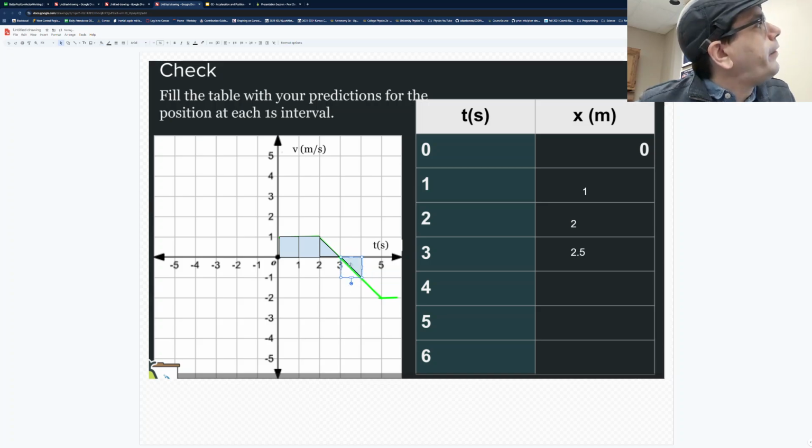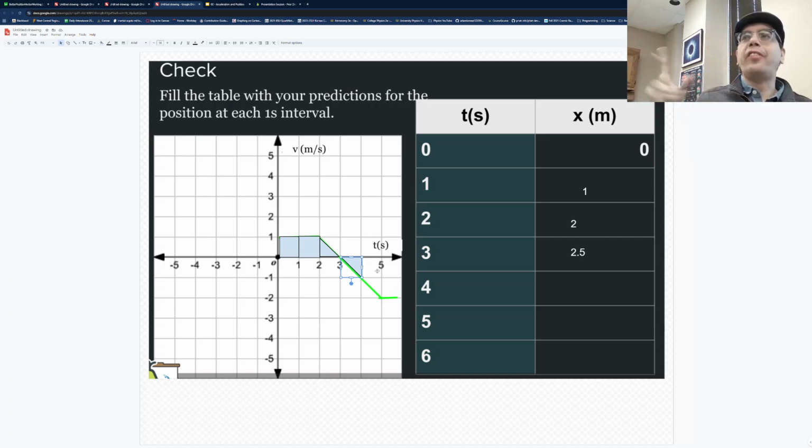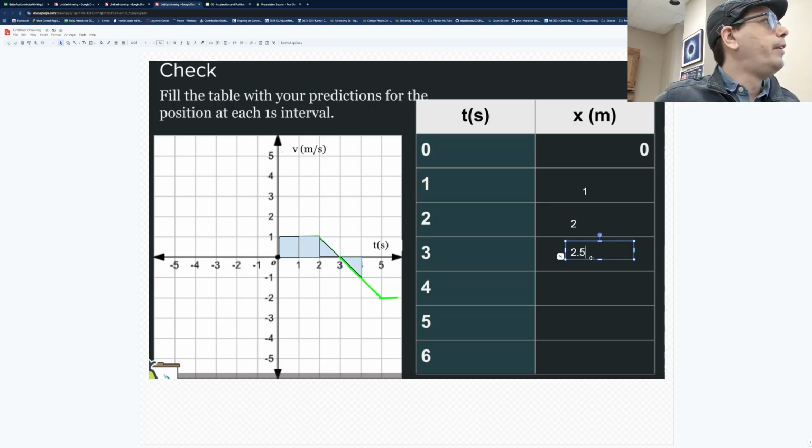There. This is the area between the graph and the axis. And what is this area? A half, but since it's below the axis, the signed area, we call it, is negative a half. So we add that negative half to the 2.5 we had before, and what did we get?